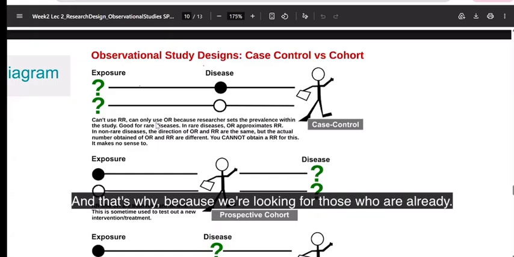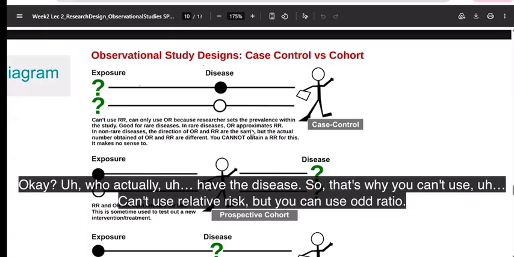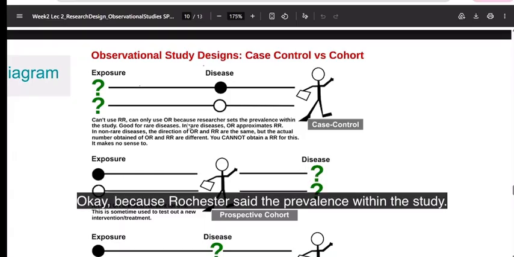We're looking for those who already have the disease. So you can't use relative risk, but you can use odds ratio, because the researchers set the prevalence within the study.